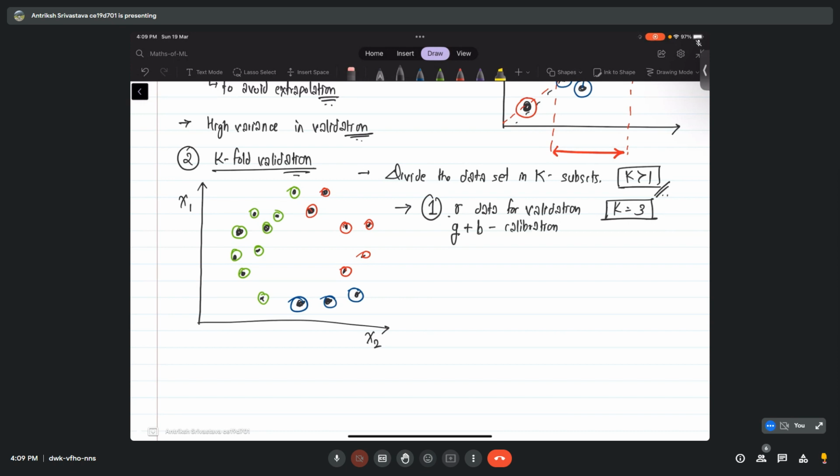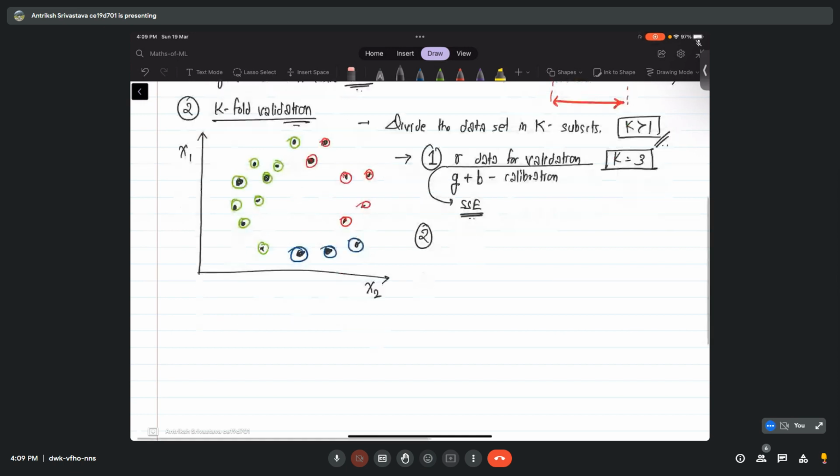So in this case, from the red data, we will get some kind of error, specifically let's say sum of square error. Now we do the validation and calibration again, but in this case, we take the blue data for validation and we take the red plus green for calibration. So SSE1, SSE2.